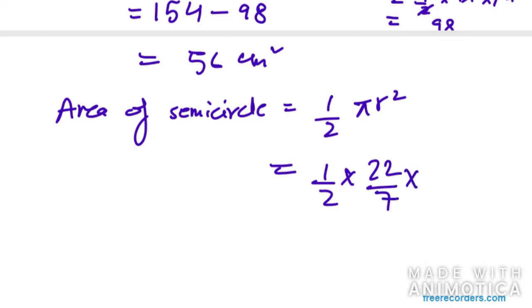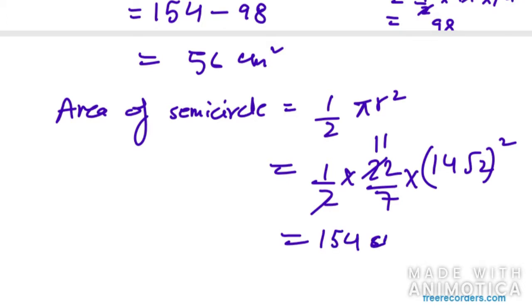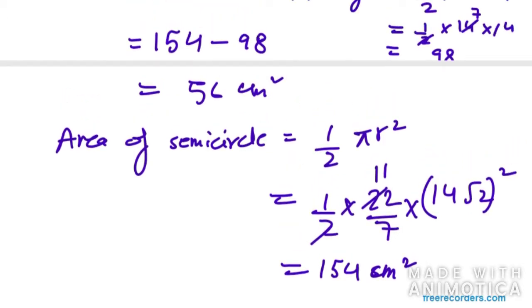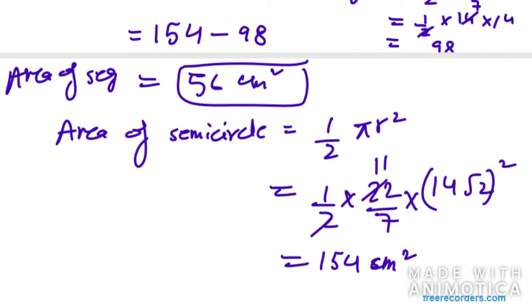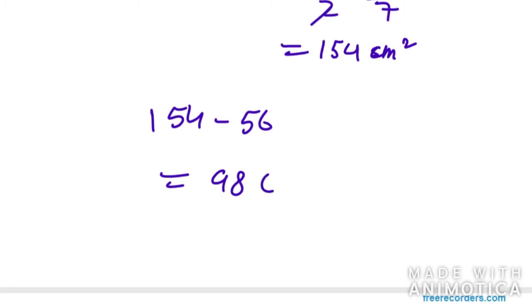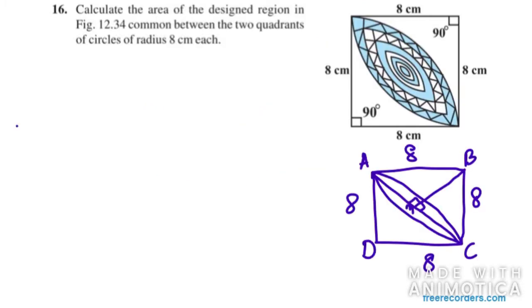R is, in this case, 14 under root 2 square. So when you solve this, you will get your answer as 154 centimeter square. Now we need to take away the area of the segment from the area of the semicircle. So the segment part is 56. So 154 take away 56 will be 98 centimeter square.